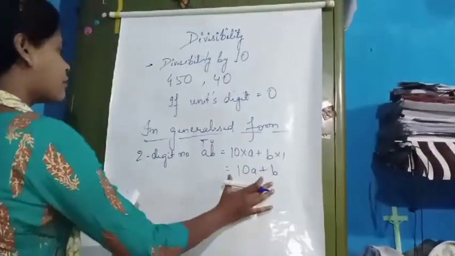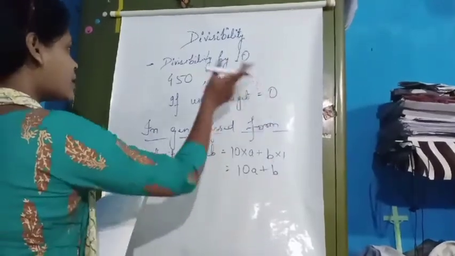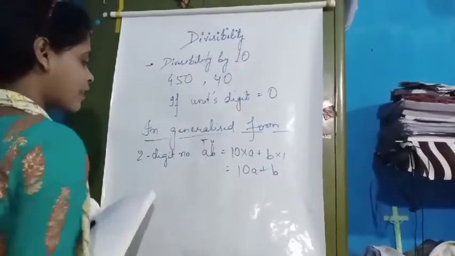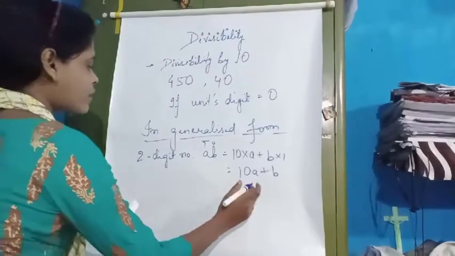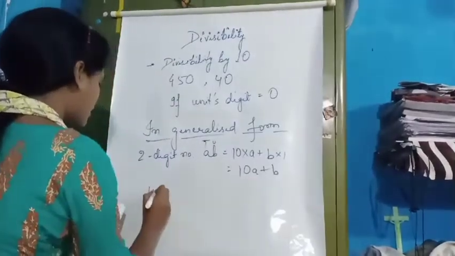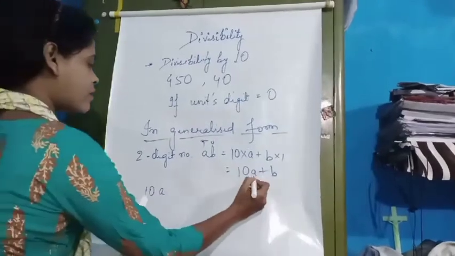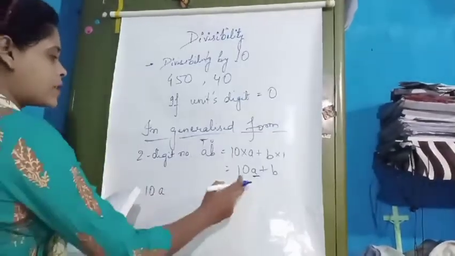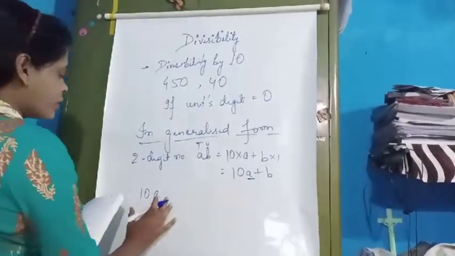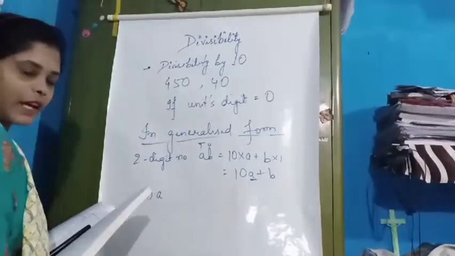Now when is this number going to be divisible by 10? You see this one, 10A. 10A is a multiple of 10, right? So this is divisible by 10 anyway.